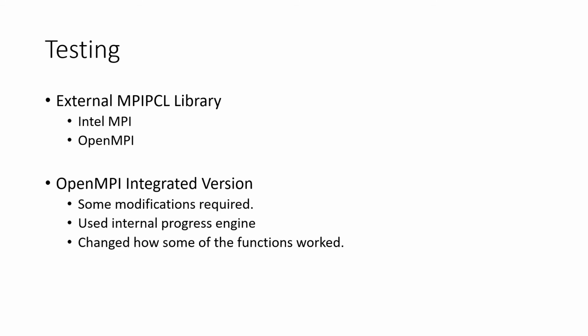This required a couple modifications to the functions and a little bit of software engineering. However, this allows us to use the internal progress engine and allows us to test our version versus something that's integrated and has access to the internal update and synchronization methods of an actual implementation.